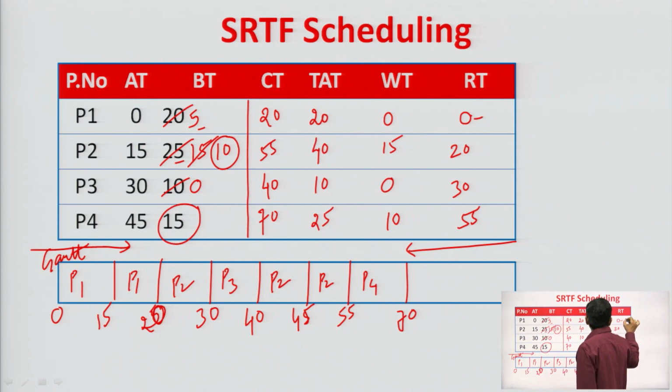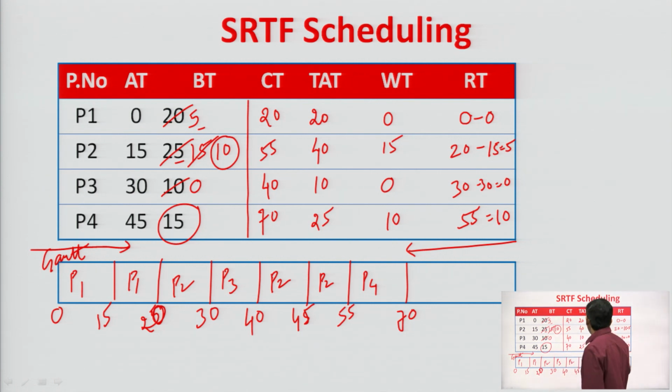So, 0 minus 0, the response time for P1; 20 minus 15, 5 is the response time for P2; then 30 minus 30, 0 is the response time for P3; and 55 minus 45, 10 is the response time for P4.